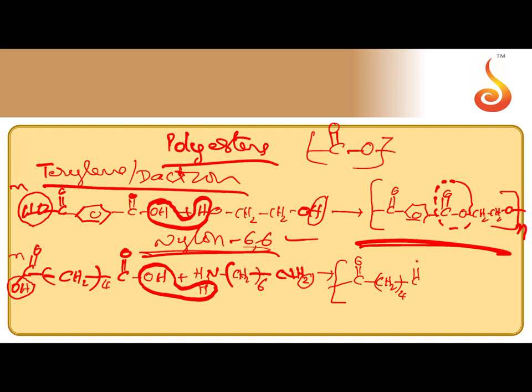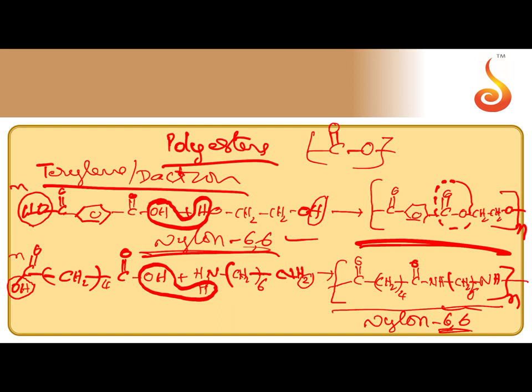CH2 taken 4 times, CO. This is attached to NH of the next monomer. NH, CH2 taken 6, NH dash. So this is the repeating unit. N times it is repeated. This polymer is called nylon 6,6 because in each monomer we have 6 carbons. That's why it is called nylon 6,6.